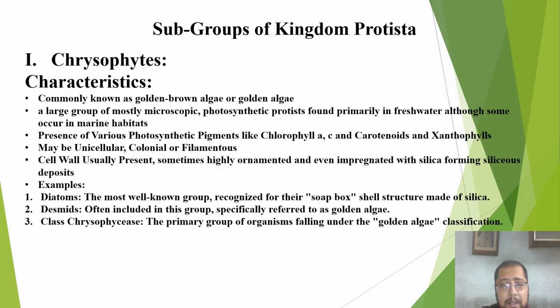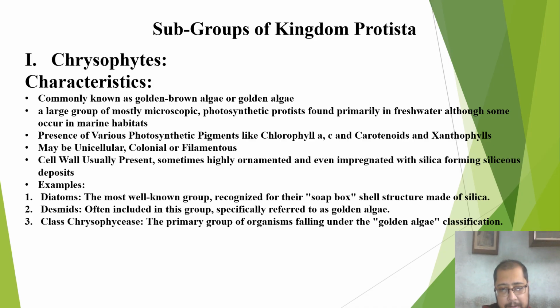Examples include the diatoms, which are the most well-recognized group and recognized for the soapbox shell structure made up of silica. These diatoms have a big soapbox-like shell composed of two overlapping halves known as the epitheca and the hypotheca, which are composed of silica.